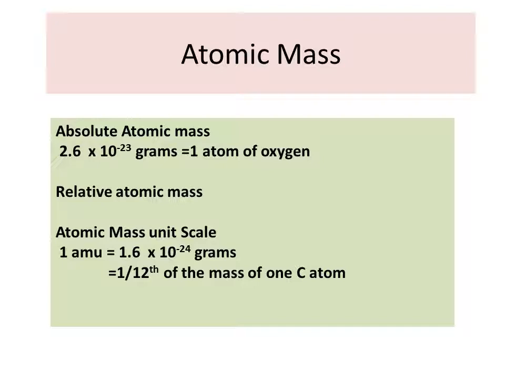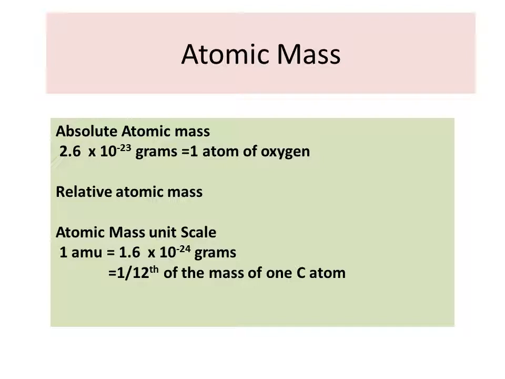What is atomic mass? We all know that atoms are very small particles, so to weigh them exactly is very difficult, and it is not always possible. So there is a term called absolute atomic mass.